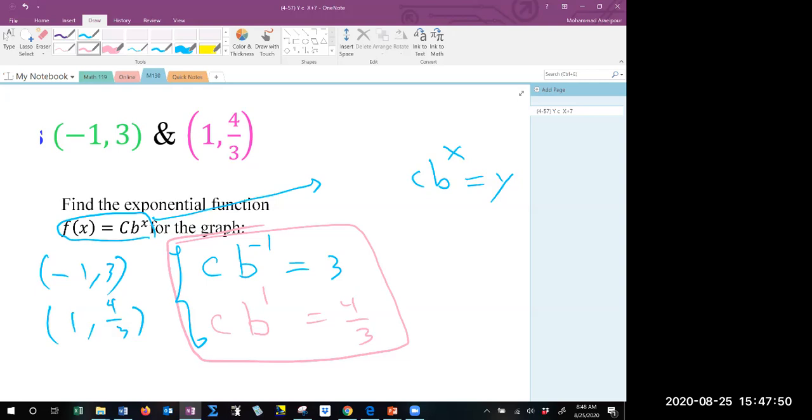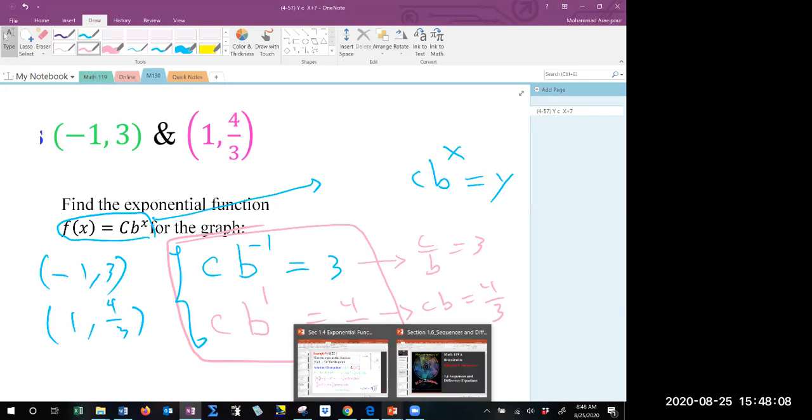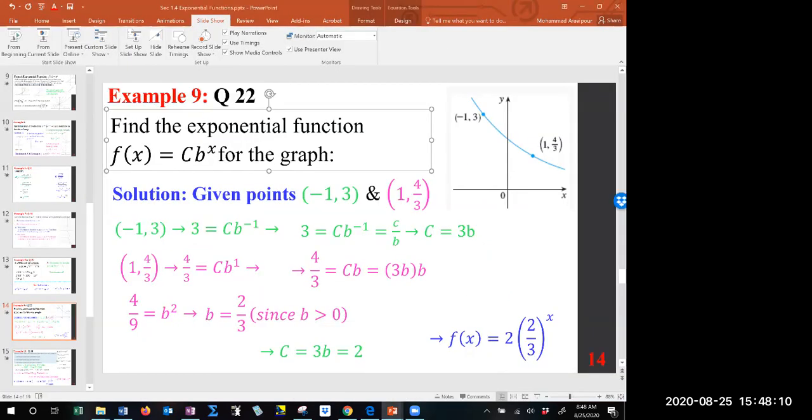So this ends up being c over b, and this ends up being cb. You can solve for b or for c in one of them, put it in the other one, and you have the system solved. So this is the idea.